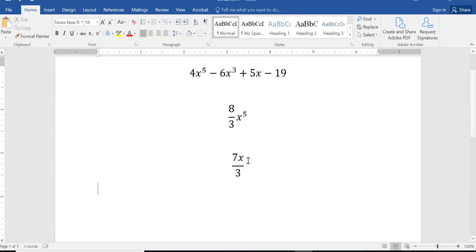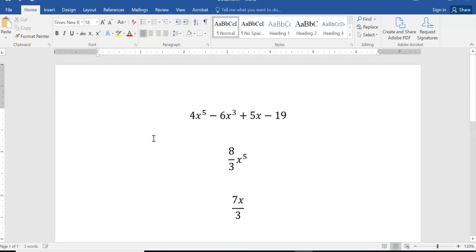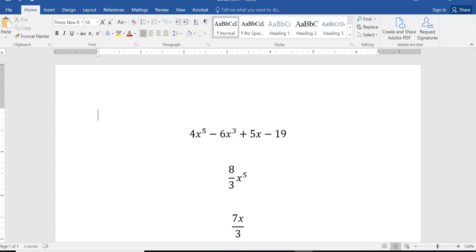Well, in order for it to not to be a polynomial, basically these exponents have to be a weird number, or I'll explain what I mean by that in a second, or you could be dividing by x. So for instance, let me go here. So these are all polynomials. Let me write that down here.